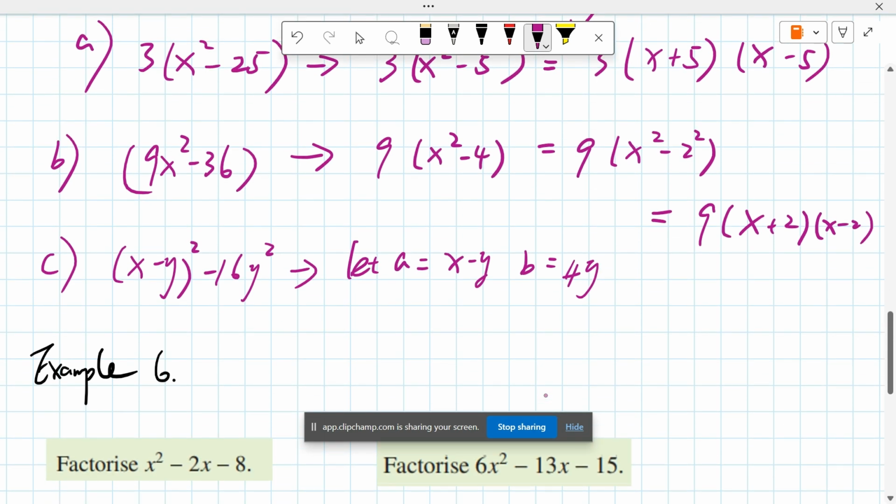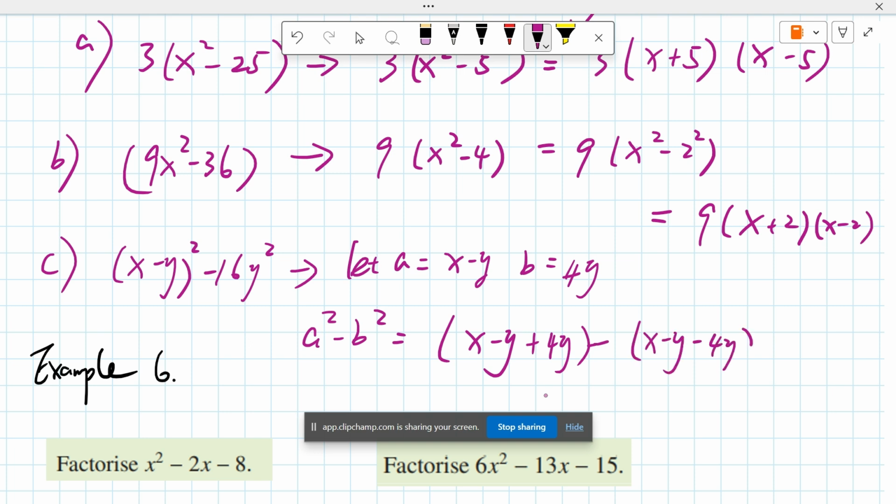Okay, now a squared minus b squared equals x minus y plus 4y, times x minus y minus 4y. So that equals x plus 3y and x minus 5y. Hopefully that makes sense.